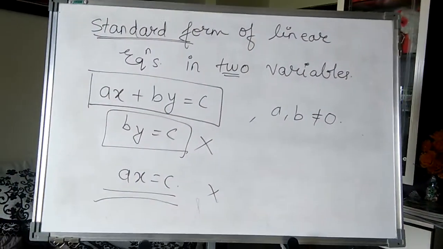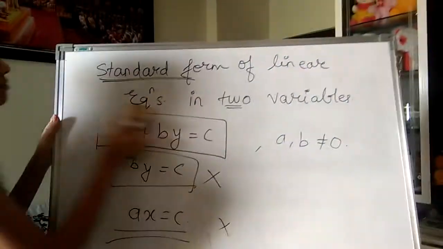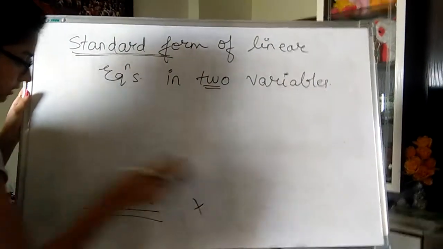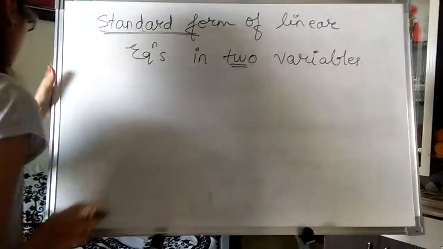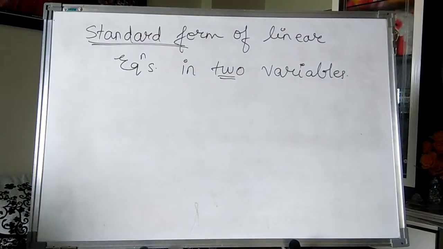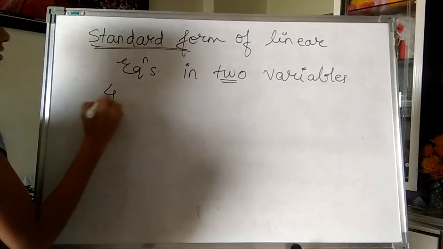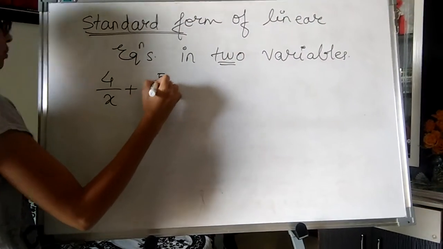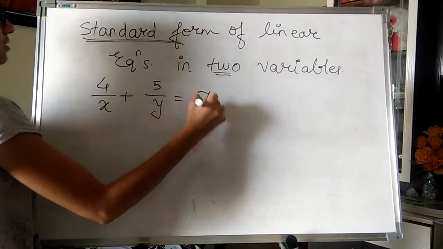Now in practice set 1.4, the equations are not in the standard form, as I said. So let us see one solved example of what is given. This is the first equation: 4 upon x plus 5 upon y is equal to 7.